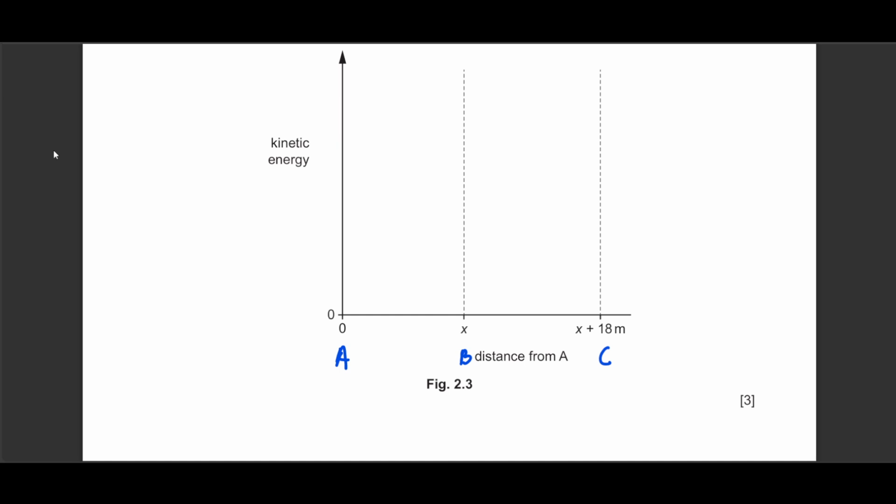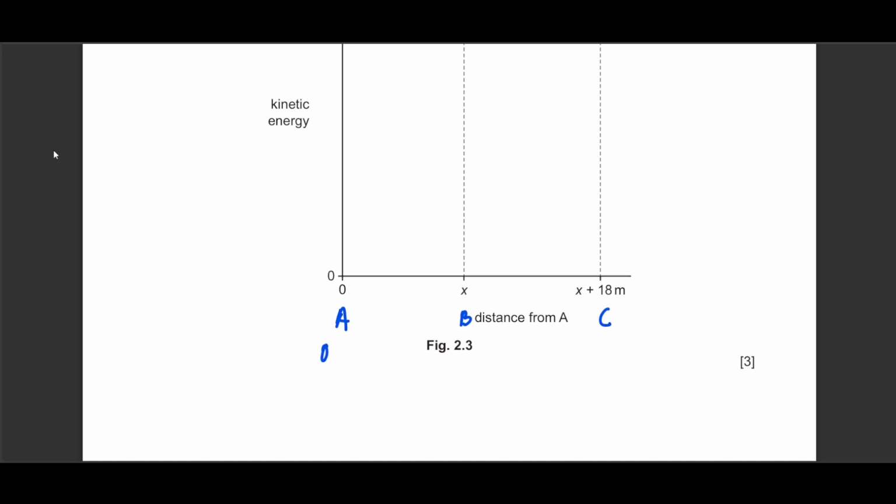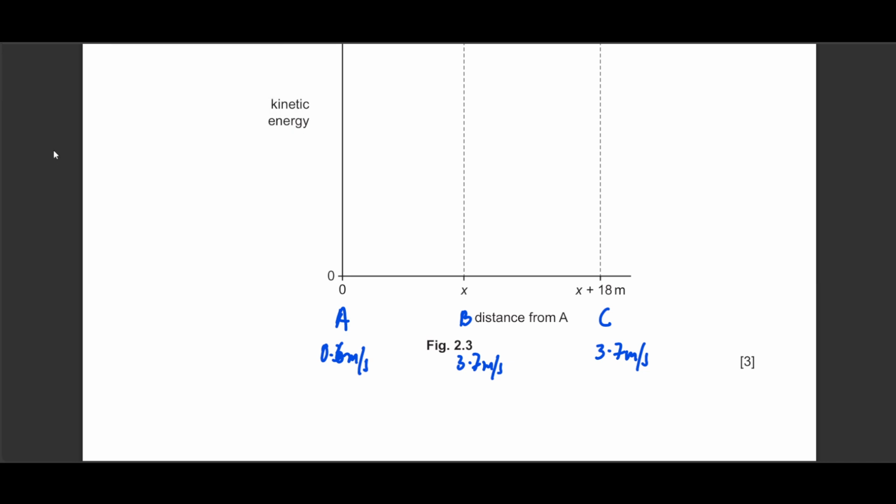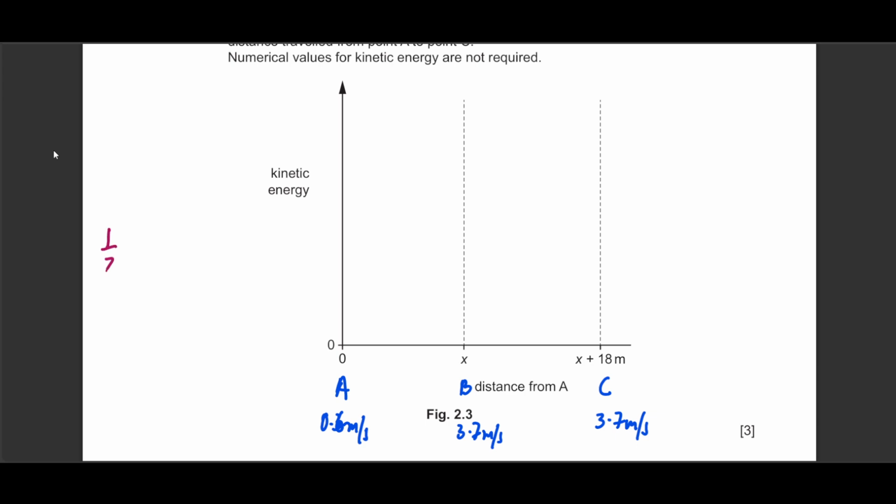Why? Because it already had a speed of 0.6 meters per second at A, 3.7 meters per second at B, and continued to maintain that speed until the end of the journey at point C. If it is about kinetic energy, which is half mv squared, I should have a non-zero starting point because it's not zero when we started to read its motion.